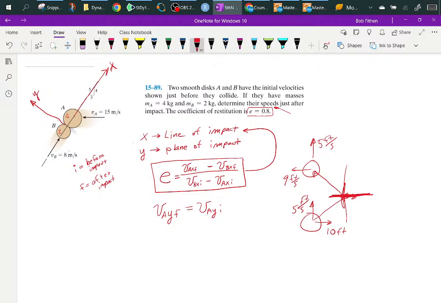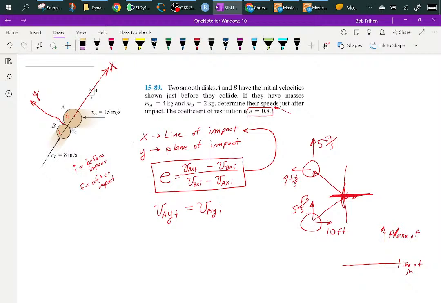Of course, this is the plane of impact. If you show the ball when it's touching the wall, you realize this is the line of impact, and this is the plane of impact.